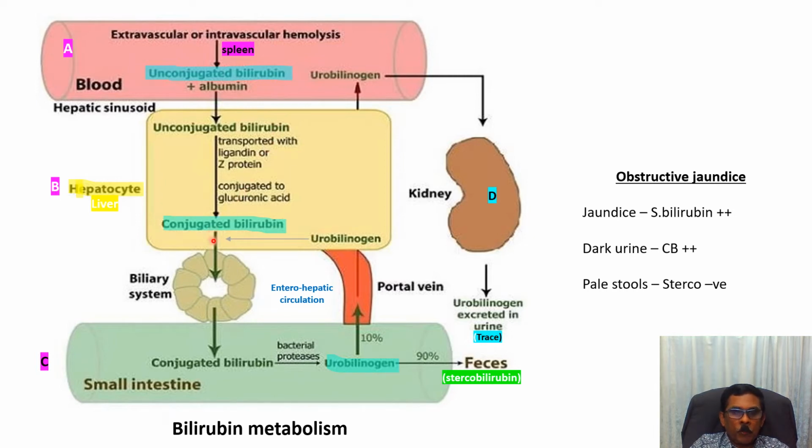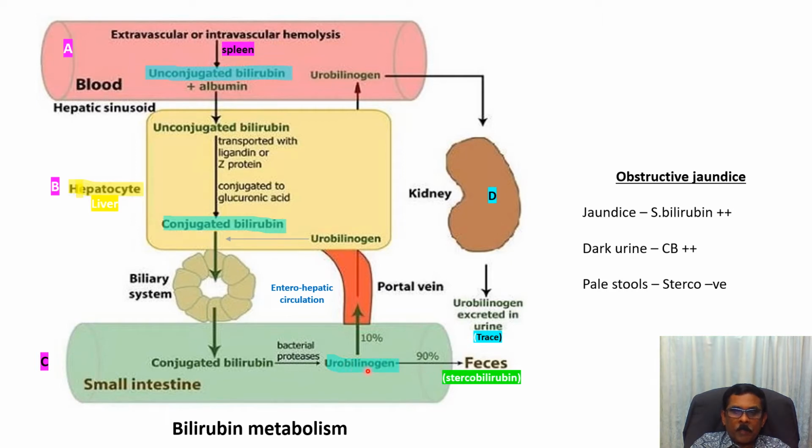The conjugated bilirubin is excreted into the bile ducts, which carry it into the third medium, that is the small intestine. In the lumen of the small intestine, bacterial enzymes act on this conjugated bilirubin, converting it to urobilinogen, which is then converted to stercobilinogen and excreted in the feces. The stercobilinogen gives the brownish color of the normal stools.